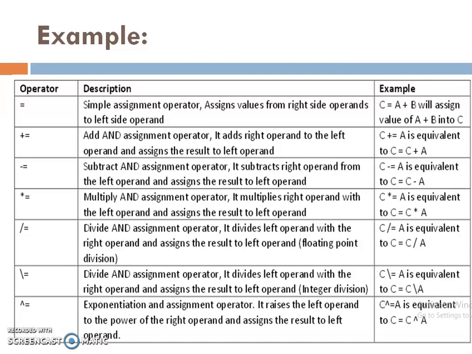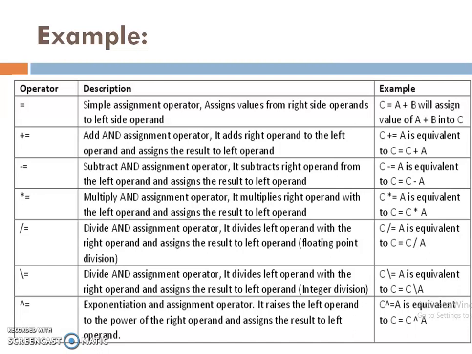Now use the add and assignment operator. It is C += A, which is equivalent to C = C + A. Now using the subtraction and assignment operator, we write C -= A. It is equivalent to C = C - A.